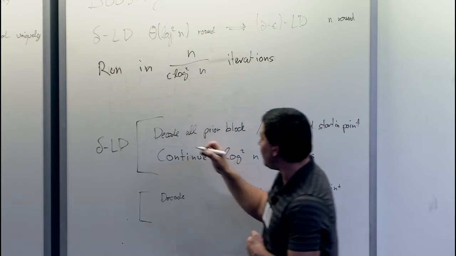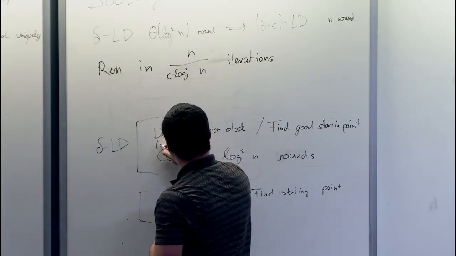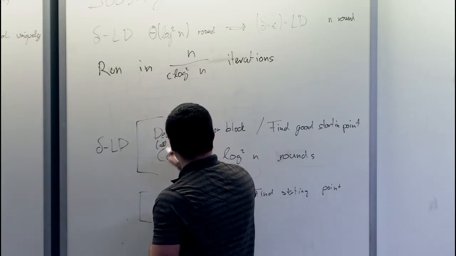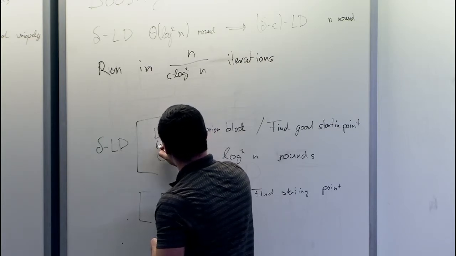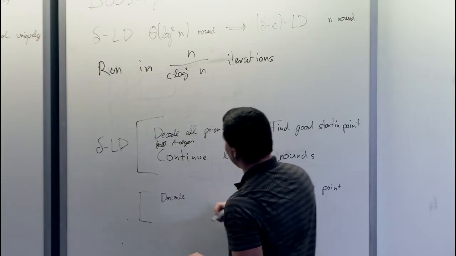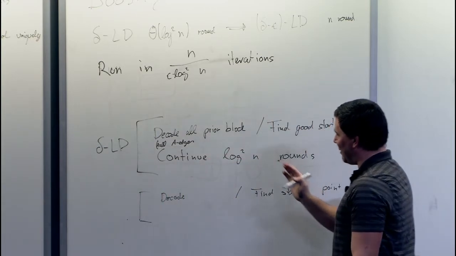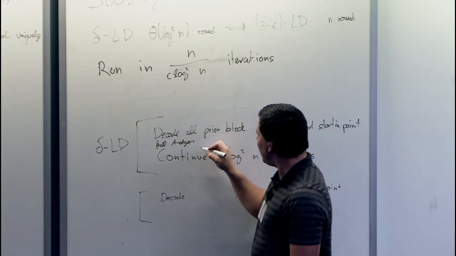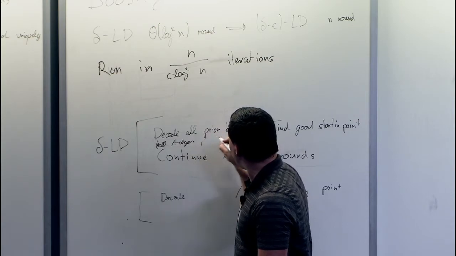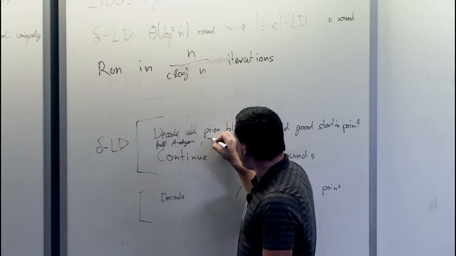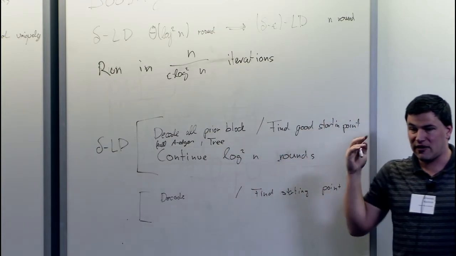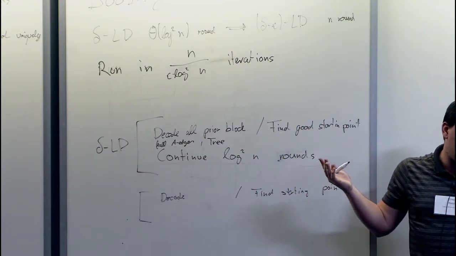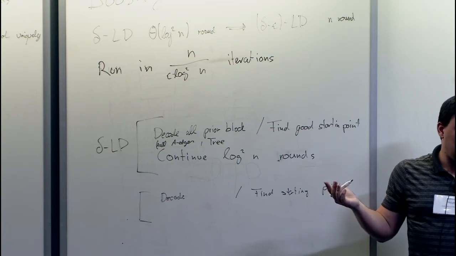So Alice takes all her edges, getting small, I'm sorry, takes all the edges of the prior blocks, and I claim that this forms a tree. And the size of this tree is at most linear, really.